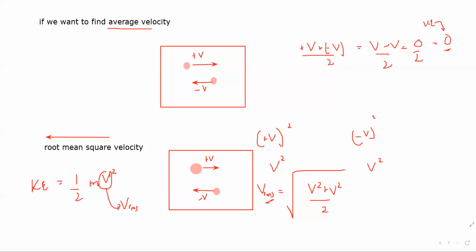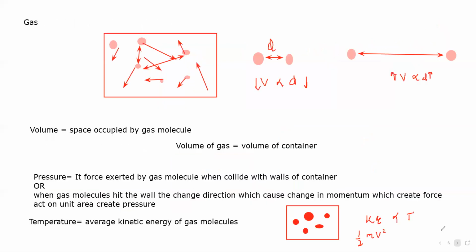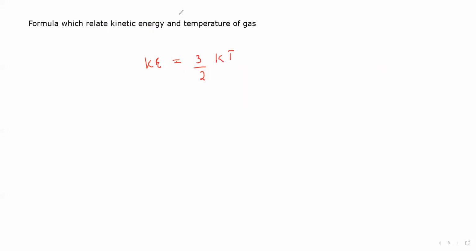So the formula which relates the kinetic energy and the temperature of the gas is that the kinetic energy of the gas is equal to 3 by 2 kT, where this is the kinetic energy.